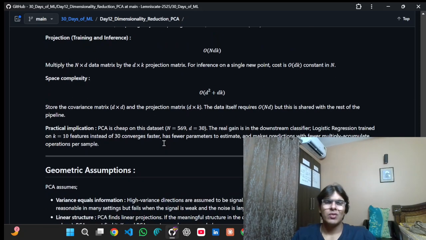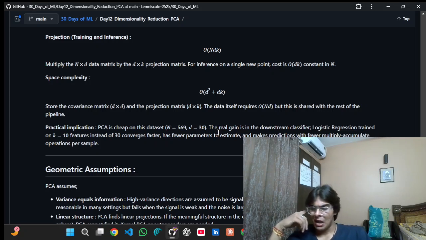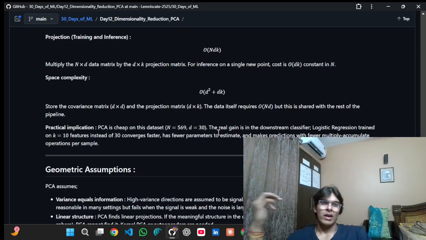As for the space, we only need to take into account what the model is storing. The PCA model does not store much. It only stores the covariance matrix, which has a d square size, and the projection matrix. So this you can say is the space complexity.